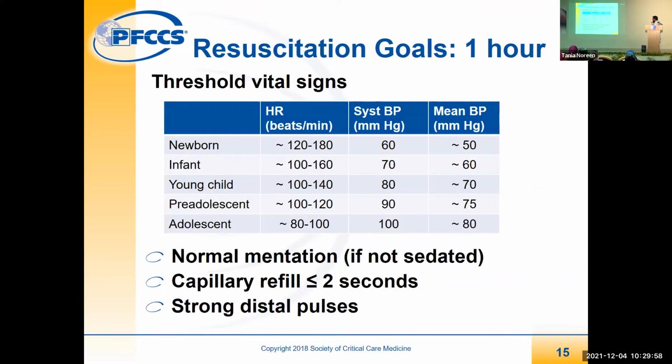We should know the normal numbers so that we know when to intervene further if these numbers become abnormal. Mentation is very important because it reflects oxygenation to the brain. Capillary refill normally is less than 2 seconds. Central pulses are generally reasonably good in any type of shock, but the distal peripheral pulses are important.